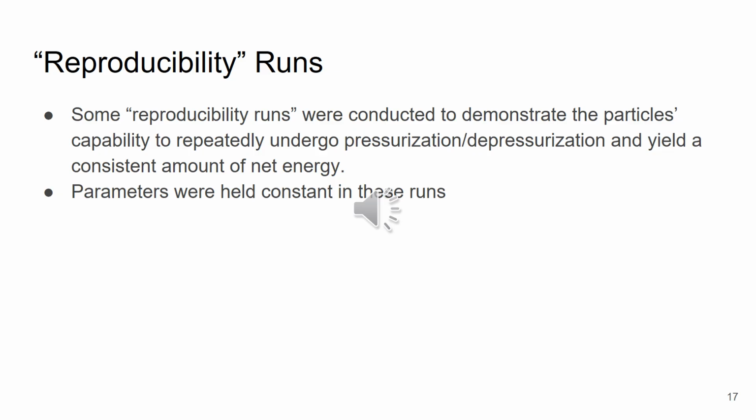In the previous runs shown in histograms, a number of parameters were varied to study possible optimization. So we did do some repeated runs under the same conditions in order to study the reproducibility of the results, and also to see if the particles could remain stable despite undergoing a number of pressurizations, depressurizations.